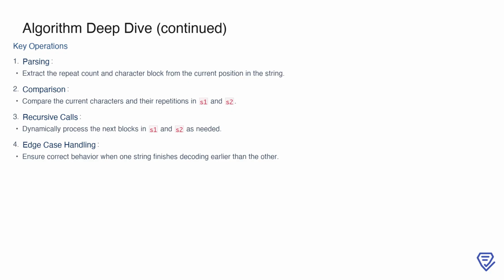Recursive calls allow us to dynamically process the next blocks in the strings as needed, ensuring we adapt to varying block sizes and repeat counts. Lastly, edge case handling ensures the algorithm behaves correctly in scenarios like one string finishing earlier than the other or mismatched lengths after decoding. These operations work in harmony to provide a robust solution to the problem.